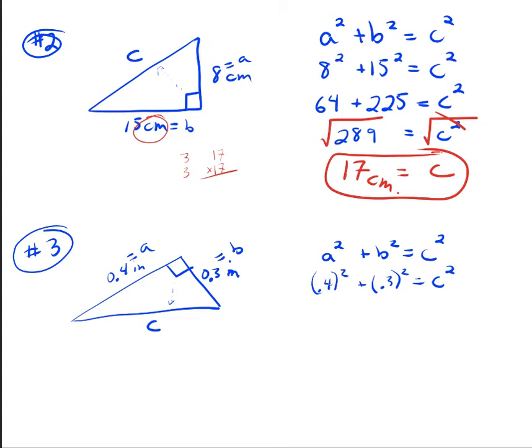Now I'm going to square those, multiply those up. 0.4 times 0.4 is 16, and one place value times one place value is two place values.